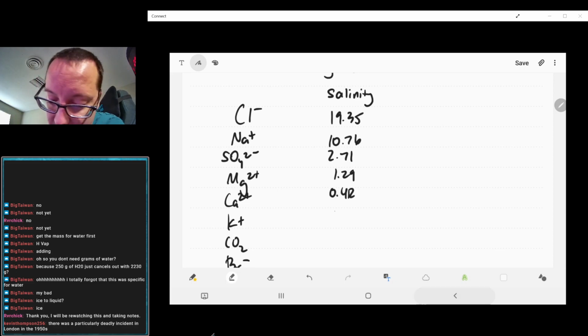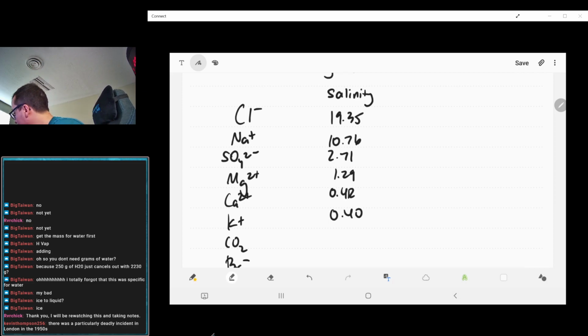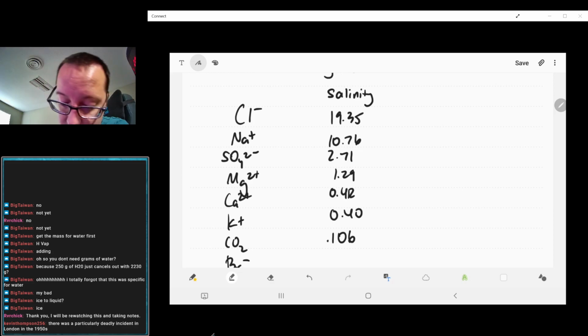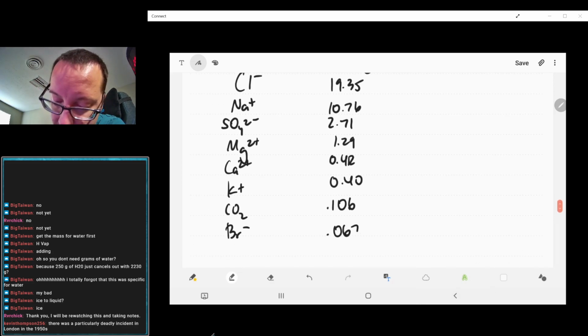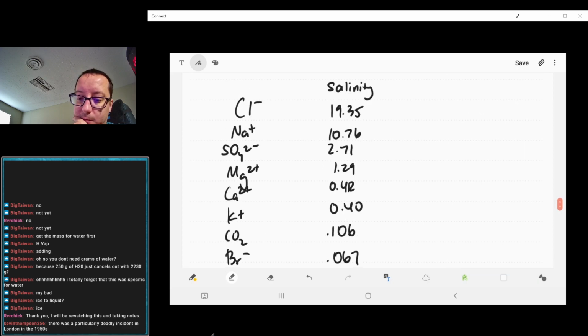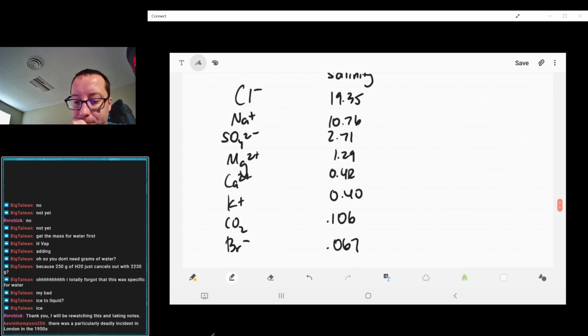Again, these numbers you do not need to know by any means, but they will be interesting to talk about. And bromide: 0.067. Because bromine is actually one of the important salts we get out of the ocean, or bromide rather. So we can see here some of the more common ions that are present in seawater.